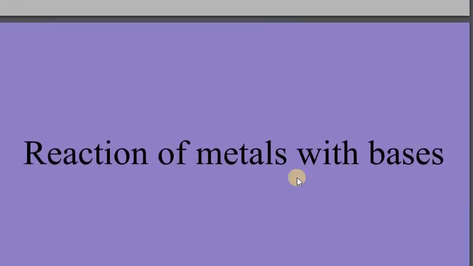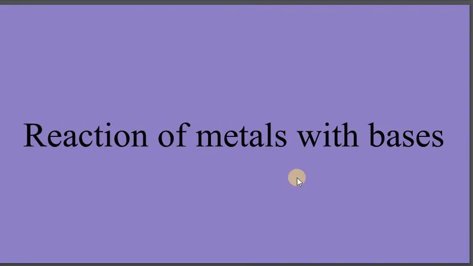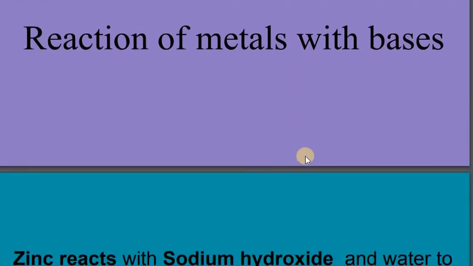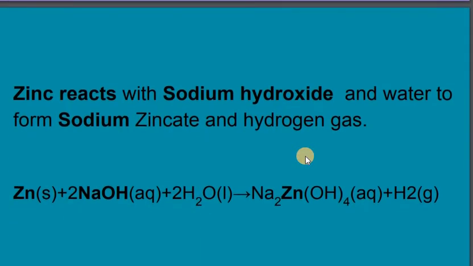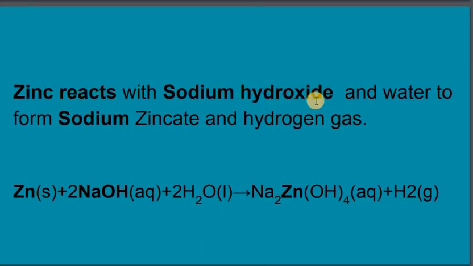Reaction of metals with bases. So zinc reacts with sodium hydroxide and water to form sodium zincate and hydrogen gas. So here this is sodium zincate and hydrogen gas is liberated.